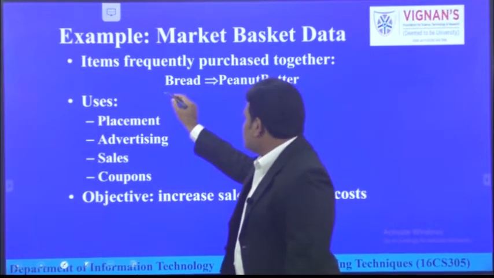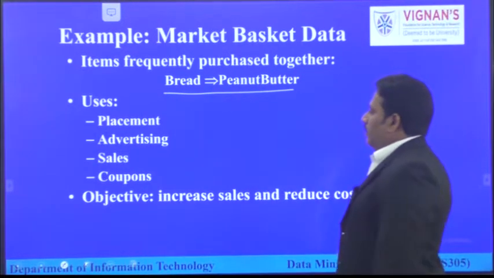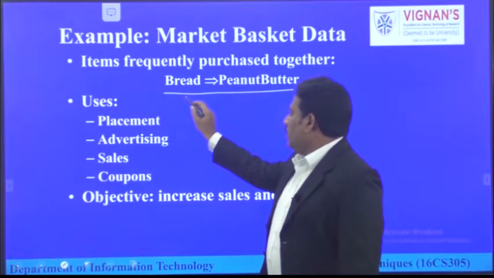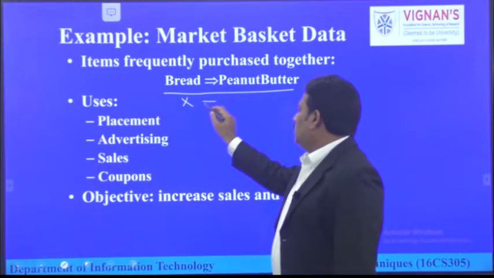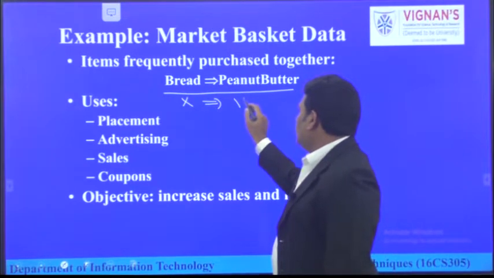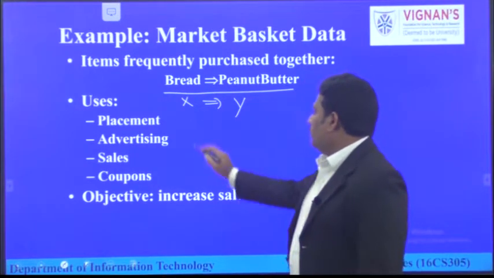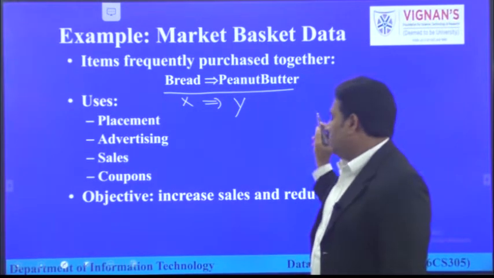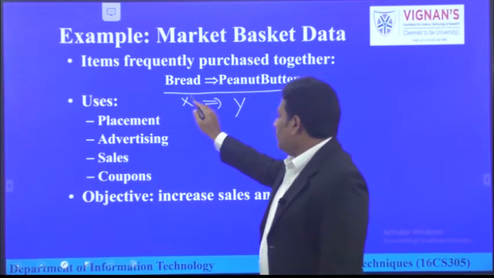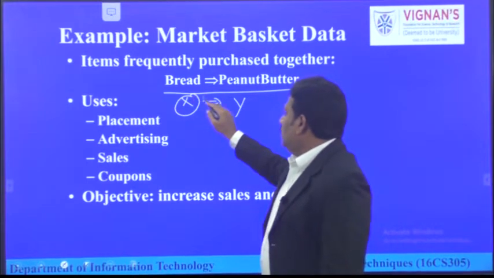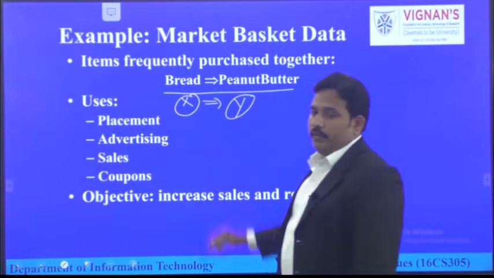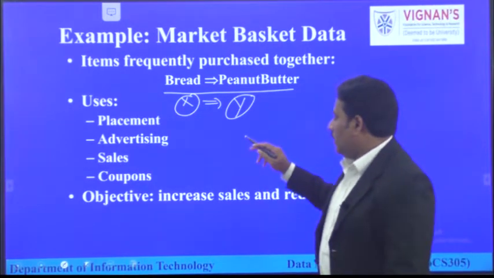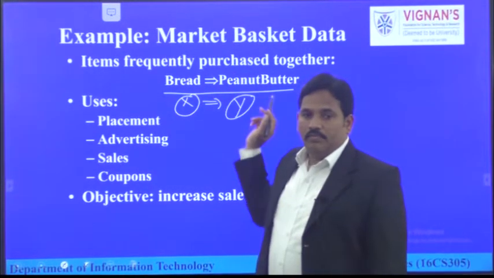Now here we have a statement. Have a look at this. Here we are comparing two products. On the left hand side we have bread, and on the right hand side we are comparing peanut butter. That means how many customers have purchased bread along with peanut butter. It is not compulsory that every customer has to buy peanut butter along with the bread.